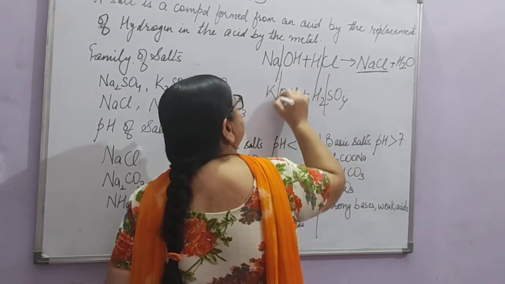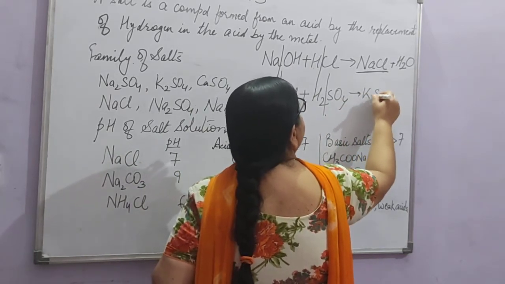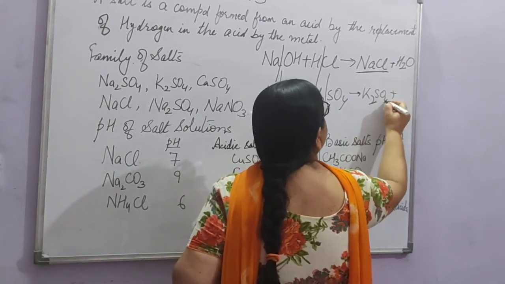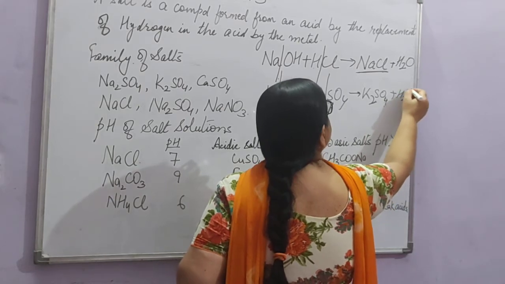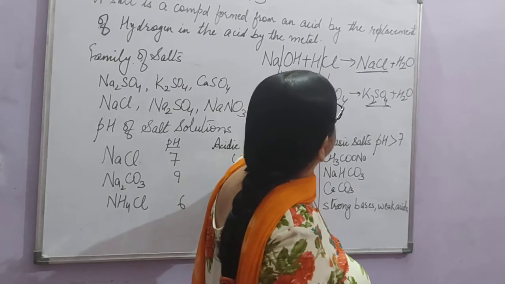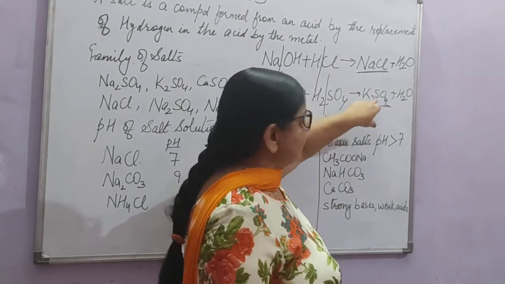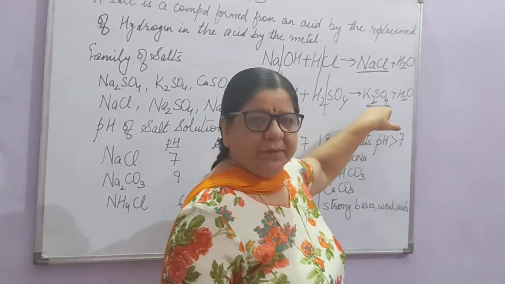So this will break down into ions and it will form K2SO4 plus H2O. Now in this K2SO4, here also H has been replaced by a metal, potassium. So this K2SO4 is also known as a salt.